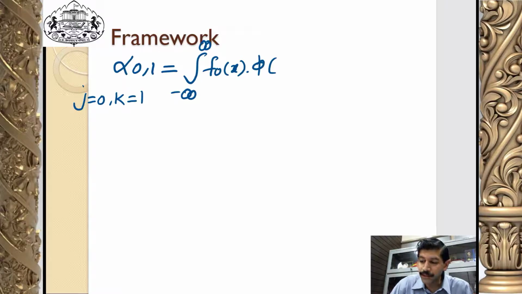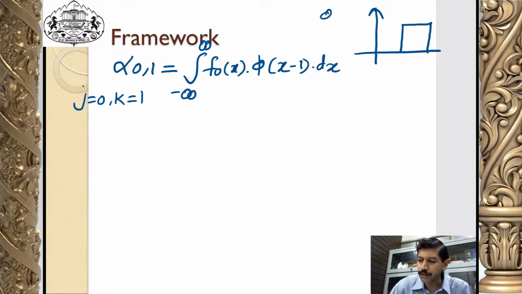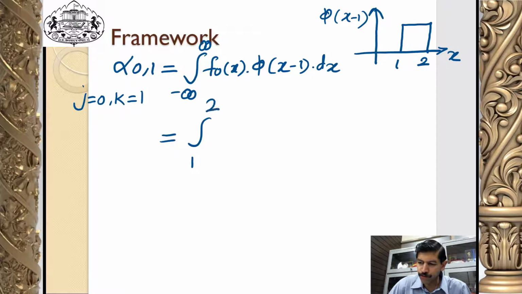Now k is 1 over here, so it will be x minus 1 into dx. And we know how phi of x minus 1 typically will look. It will be a shifted version of phi of x by 1. So this is phi of x minus 1, and so it will last between 1 and 2. So this integral will run from 1 to 2.